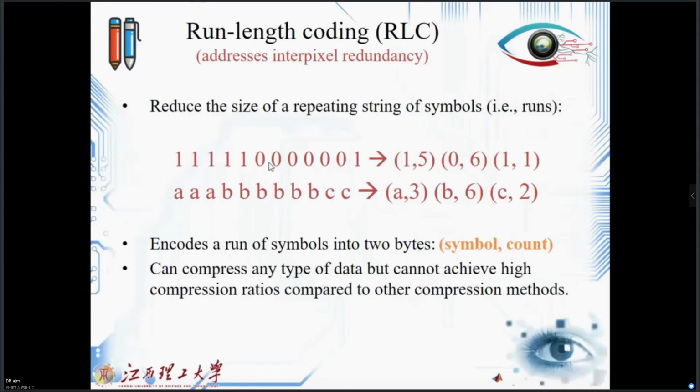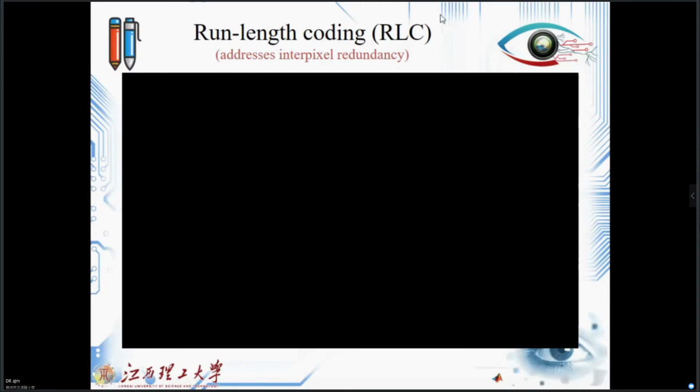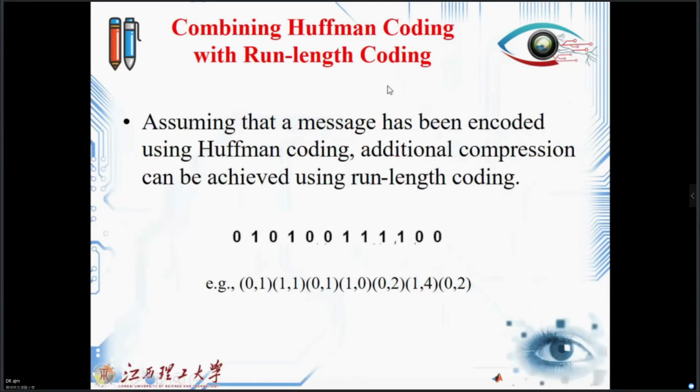We have some examples, something like the binary as shown here, and some words, which encodes a run of the symbols into 2 bytes, symbols as well as counts, and can compress any type of data, but cannot achieve a high compression ratio compared to the other methods. In this RLC also, we will compress the word.